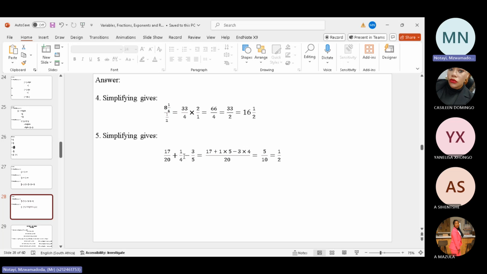Then what is 5 times 1, or 1 times 5? And then how many 5s in 20? There's 4. So 3 times 4. So we have 17 plus 1 times 5 minus 3 times 4 over 20, which gives us 5 over 10, which is equal to 1 over 2. 17 plus 5, which is 22, minus 12.